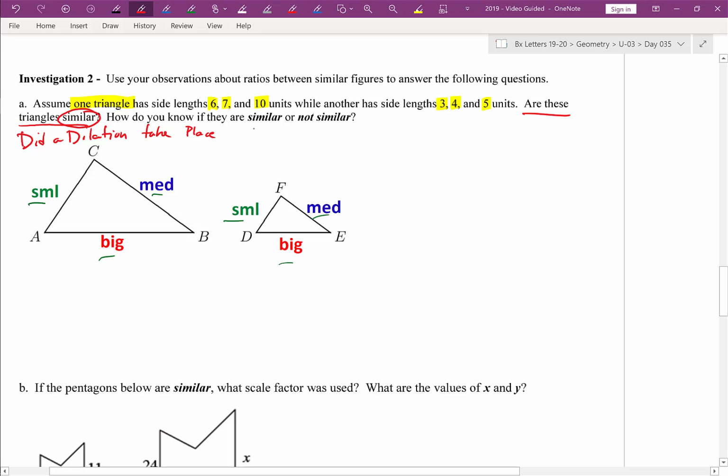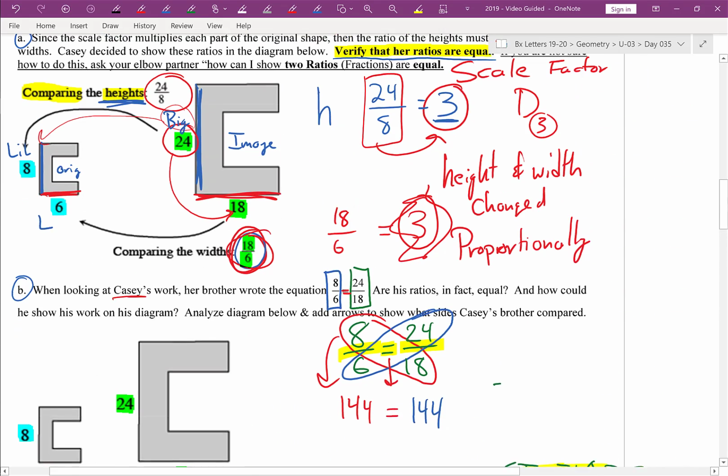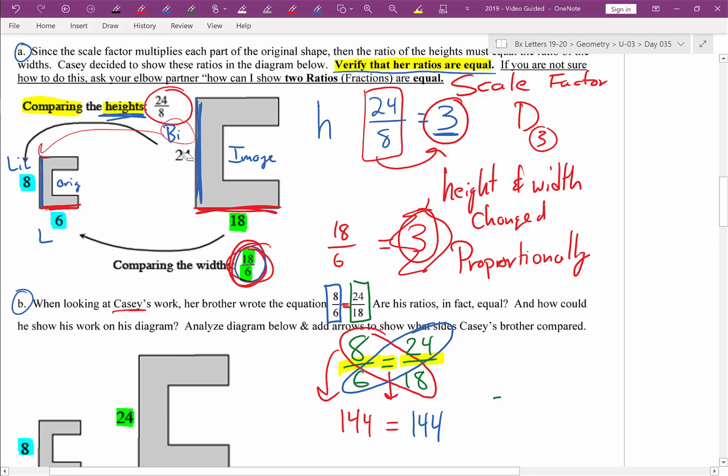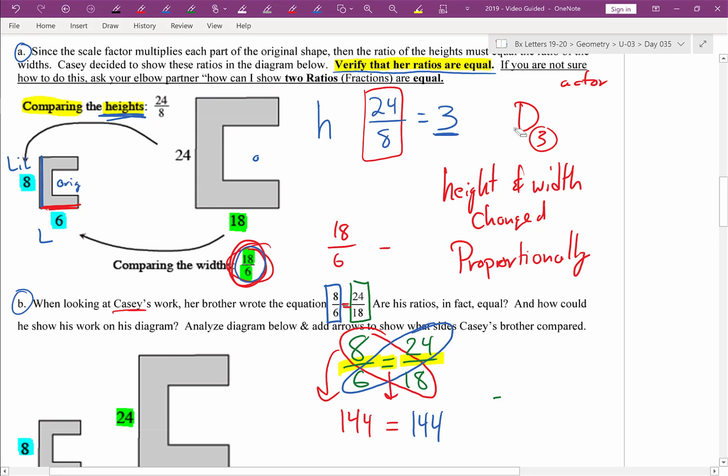Well, if a dilation took place, then all ratios will be equal. It will look like this original problem where you had a ratio of heights and a ratio of widths, and they were equal.